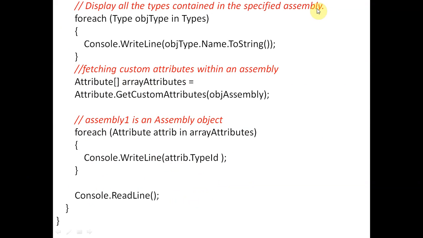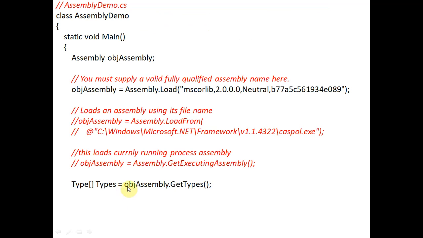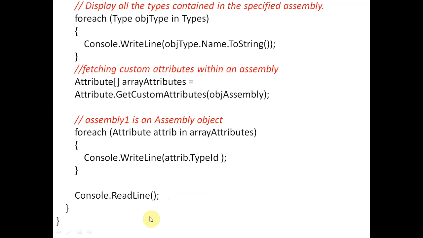Using this function we'll run the program, and we have a foreach loop, and one by one from types we extract each value and store it in objType. The first time the first value will be transferred here, then the second time the second value will be transferred here. So a single value will be transferred here. objAssembly.GetTypes will return all the values. This is the object of type.